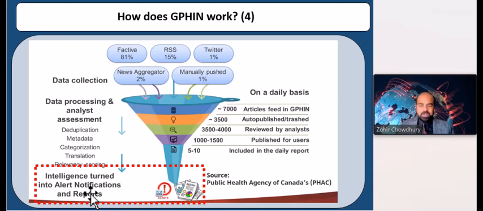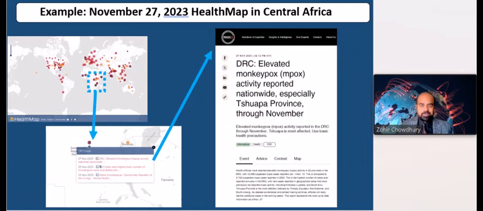So internationally, this system provides alerts to all users that are subscribed, and also to the PAHO reports and to the WHO. They're also alerted by this system when an unusual disease is found in the system. A more visual explanation of the system can be seen in here.